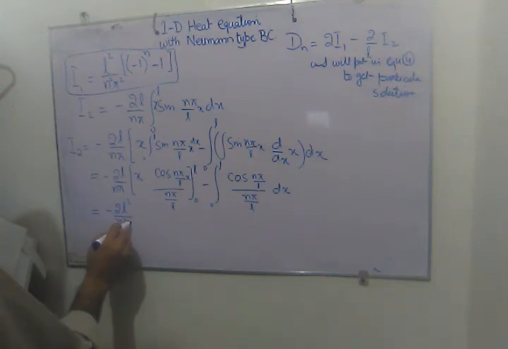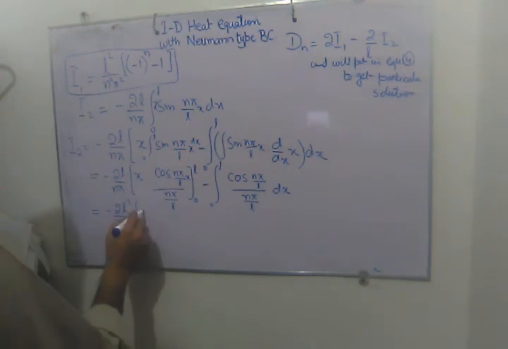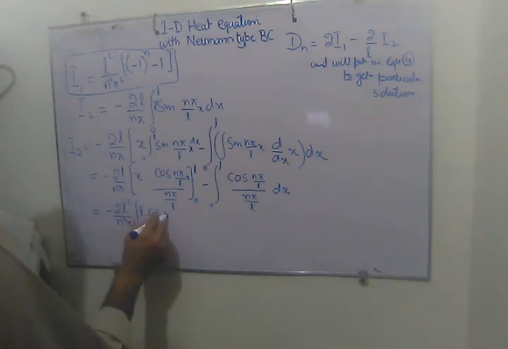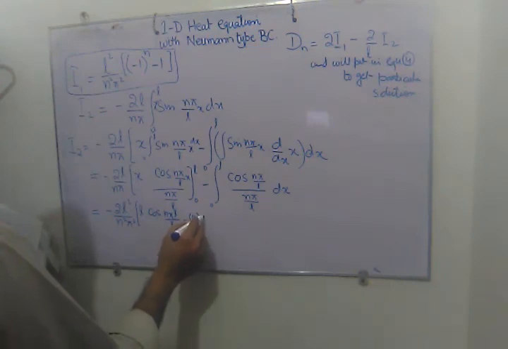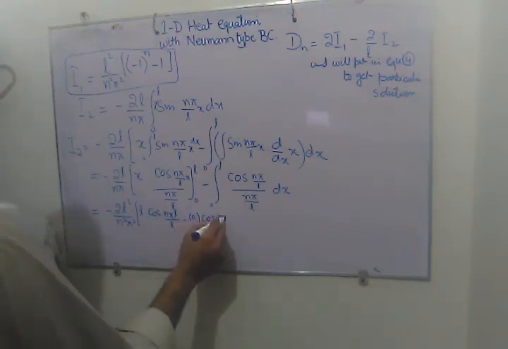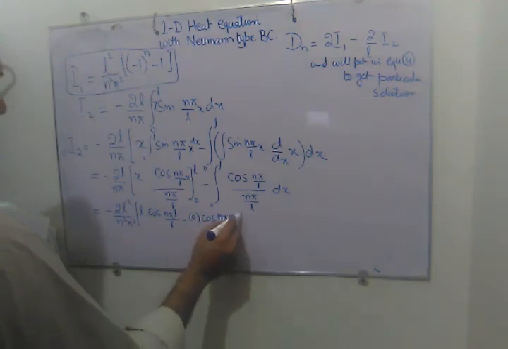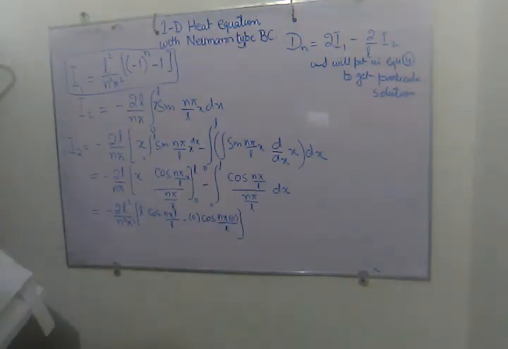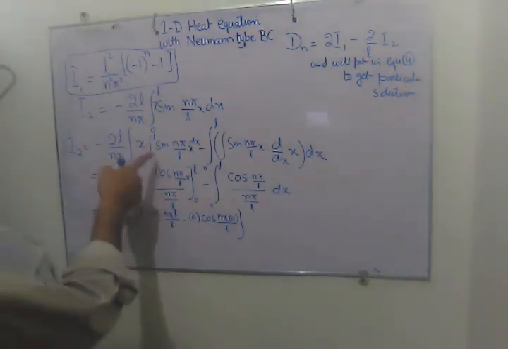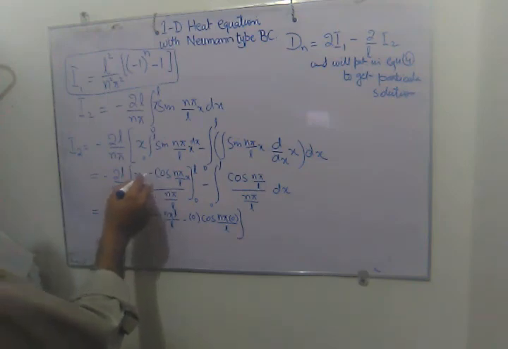We take out the constant outside and then we apply the limit here, upper limit and lower limit. So it would become L cos n pi L upon L minus 0 into cos n pi into 0 upon L, and again when we take the integral of sine with the cos, we should have a minus sign here.